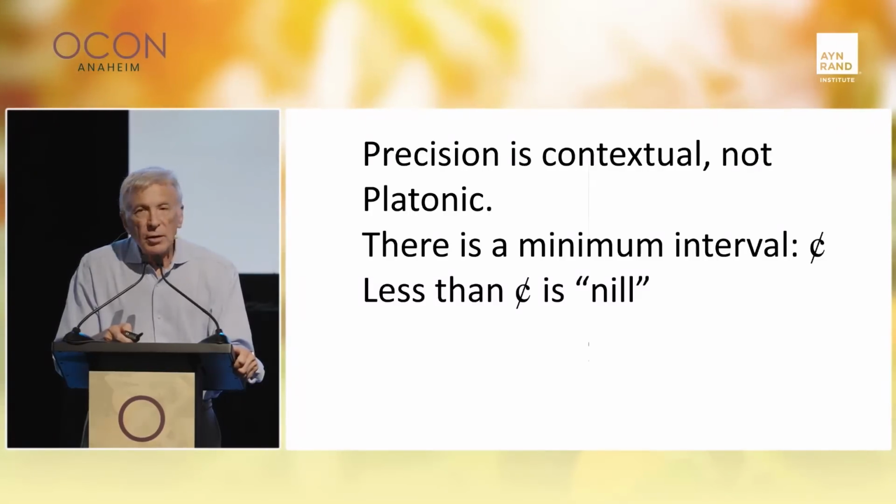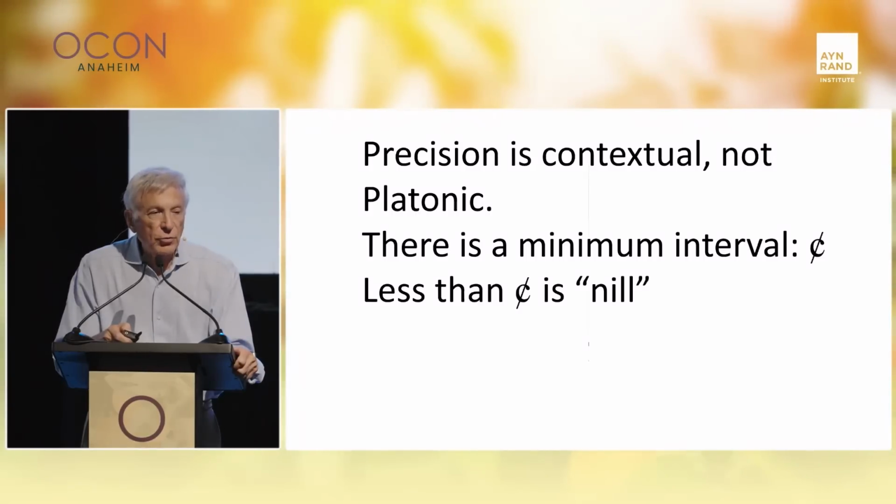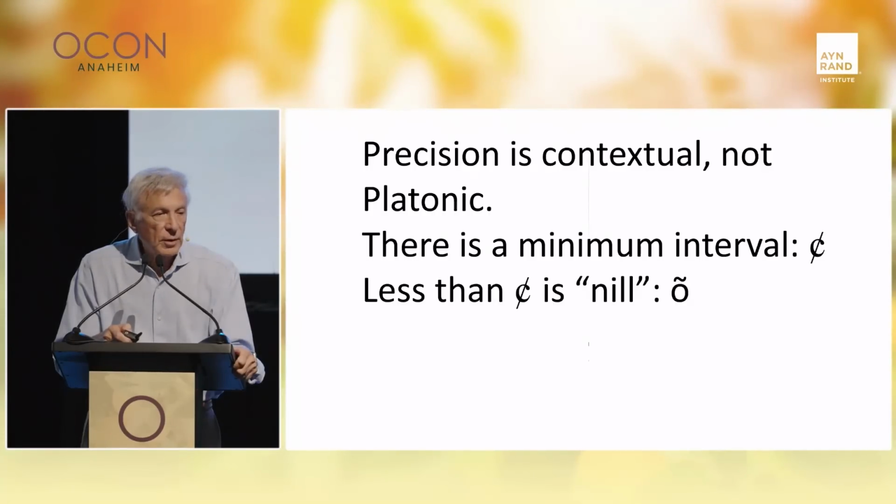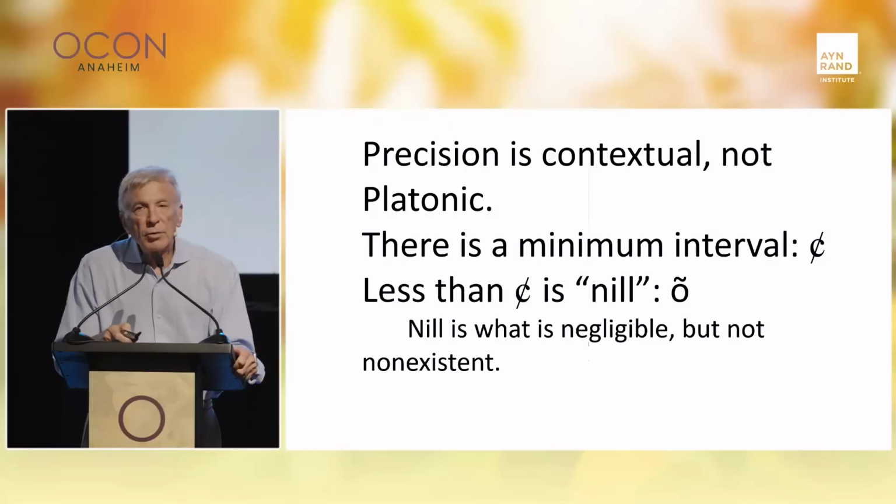Less than the cent, I call nil. And that's one of the most important contributions I've made here. I use that symbol, like approximate zero, effective zero. Nil is what is negligible, but still there.